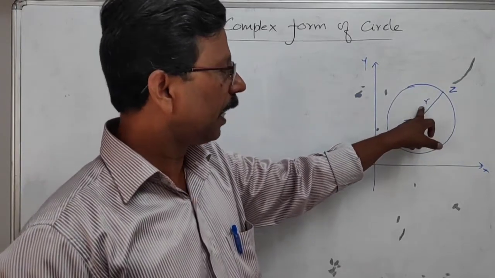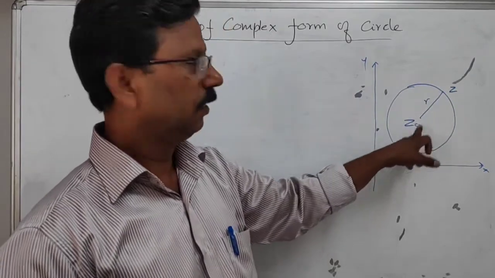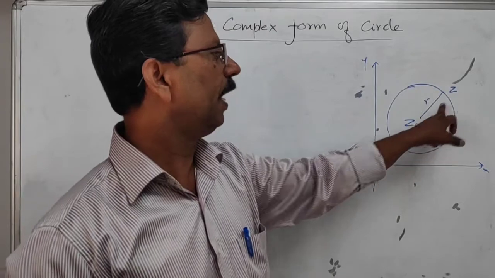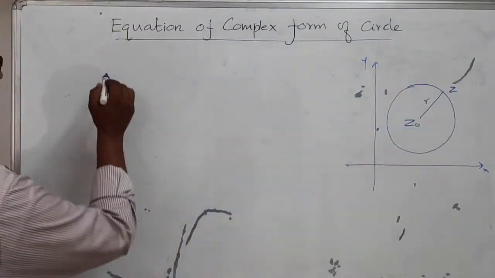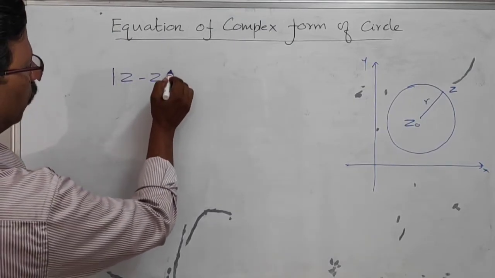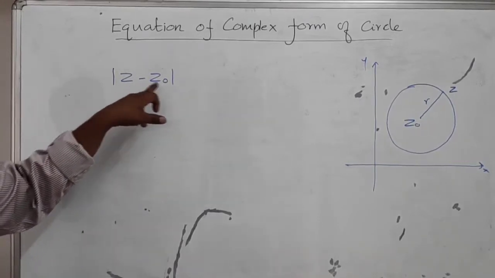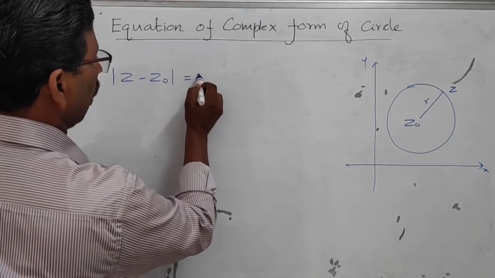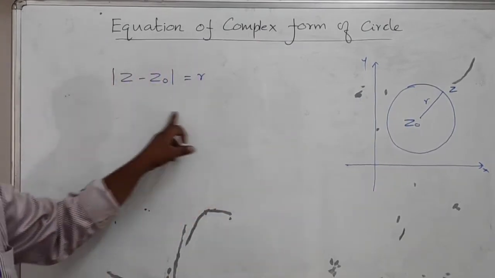Now as per the definition of a circle, the distance between the center and a point on the circumference is known as radius of the circle. Based on this condition, we know very well modulus of z minus z0 is nothing but the distance between the two complex numbers z and z0. If this distance is equal to r, a constant distance, then we can say this represents a circle.